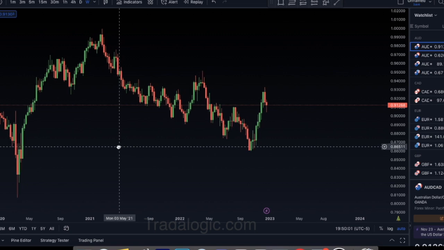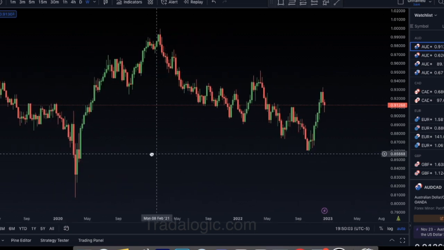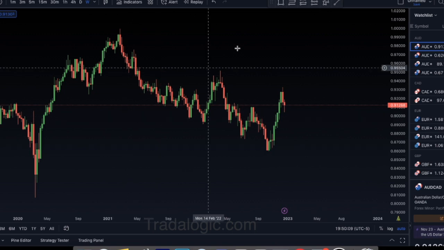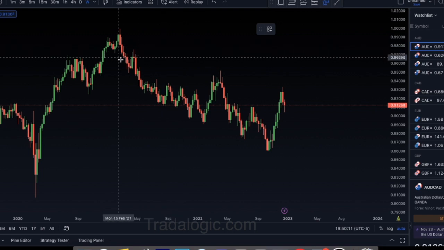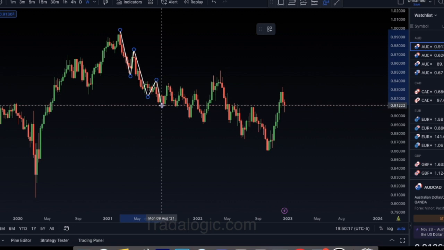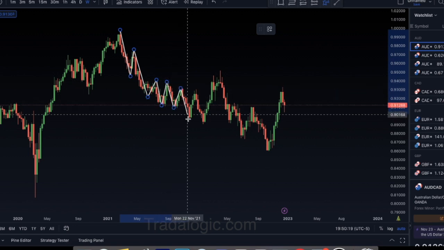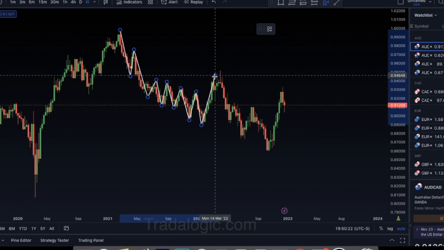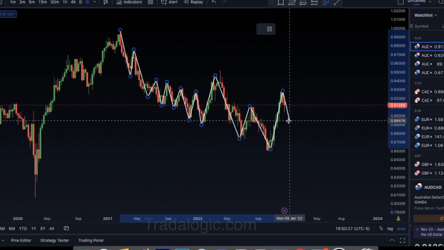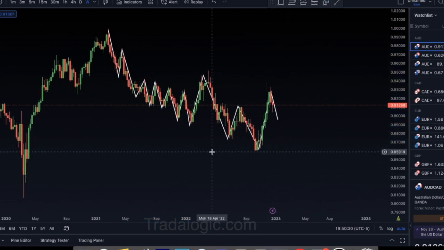As I can see, all the CAD right now on the weekly time frame, I can say it's bearish. Why is it bearish? Because it's making lower highs and lower lows. As you can see, CAD is probably bearish on the weekly time frame.